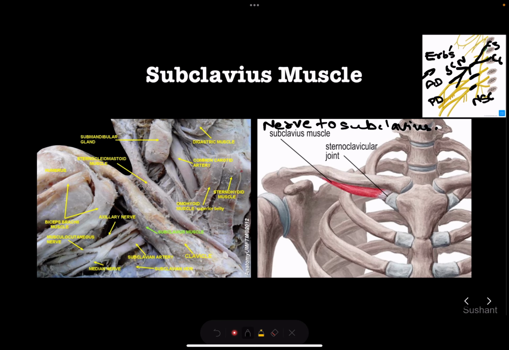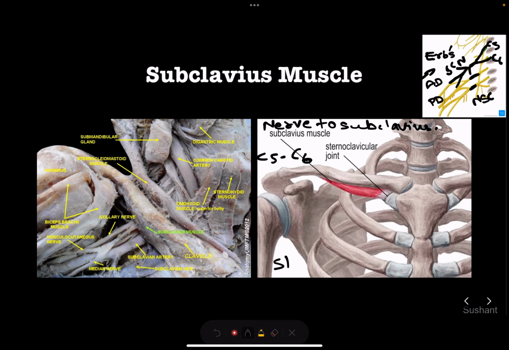So this point here is the Erb's point. That is where the nerve to subclavius takes its origin from, and it carries C5 and C6 fibers. Now what is the action of the subclavius muscle?